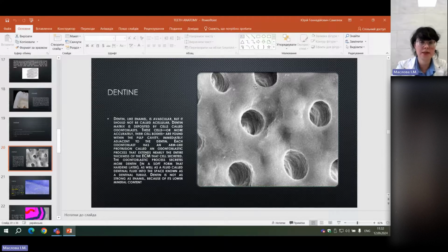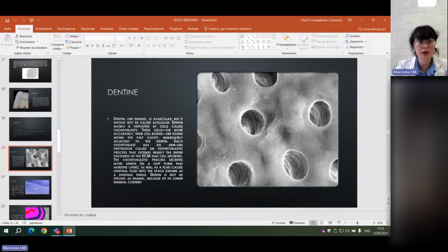Each odontoblast has an arm-like protrusion called an odontoblastic process that extends nearly the entire thickness of the ECM that the cell secreted. The odontoblastic process secretes more dentine in a soft form that hardens later, as well as a fluid called dentinal fluid into the space known as a dentinal tubule.